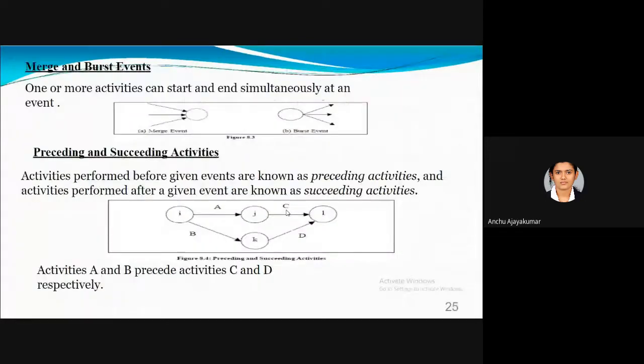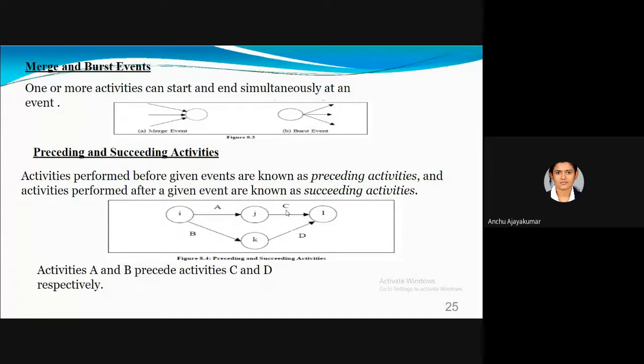Next is merge and burst activities. If many activities are coming to a single node, it is known as a merging activity, and if many are moving out of a node, it is known as burst activities. Then the preceding activity and succeeding activity, look at figure 8.4. This represents a network. I, J, K, L are the nodes. A, B, C, D are the activities.